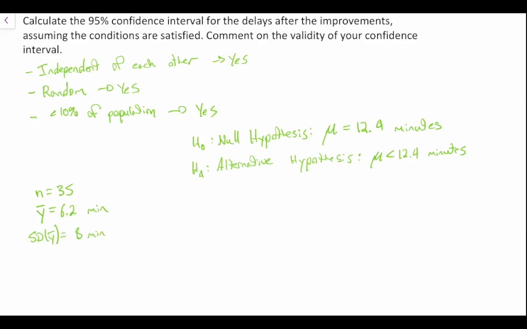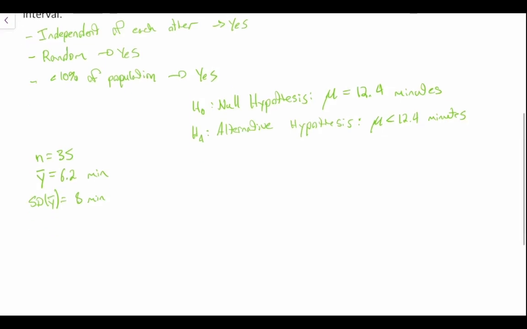So now we can go ahead and create our t-test. Our t is equal to y bar minus our expected value divided by the standard error of y bar. We recall that the standard error of y bar is simply equal to the standard deviation divided by the square root of n.